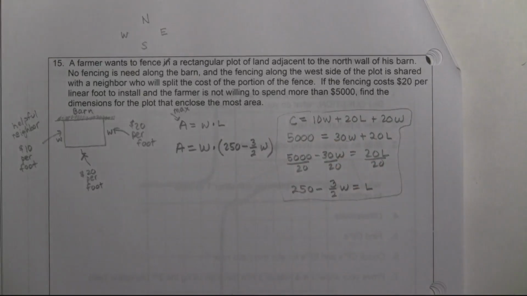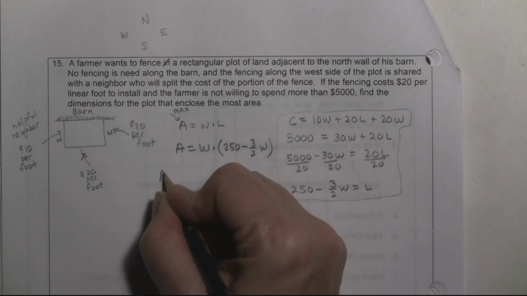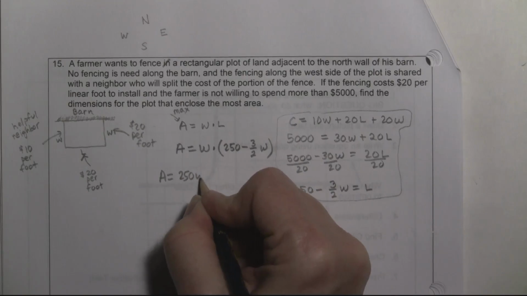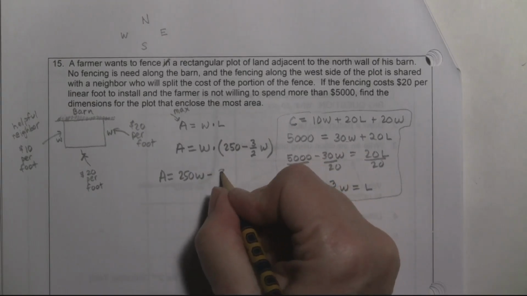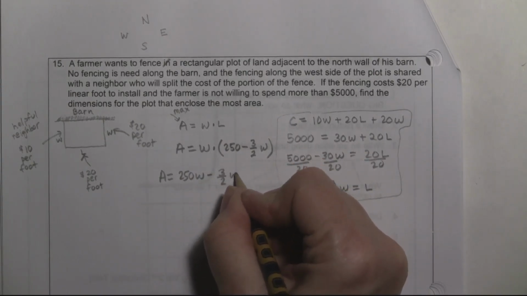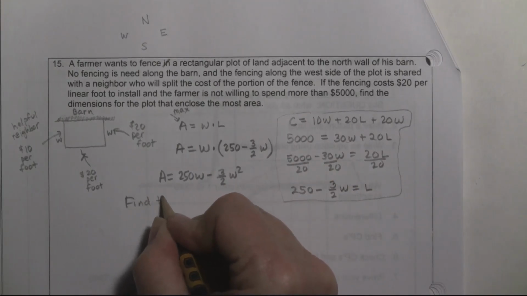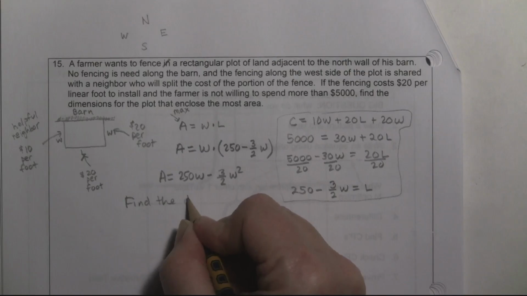And then I very much have the same problem that we had from before, except I'm going to have this fraction in here. So when I distribute, I'm going to have A equals 250W minus 3/2 W squared. And now I'm going to find the derivative with respect to W.